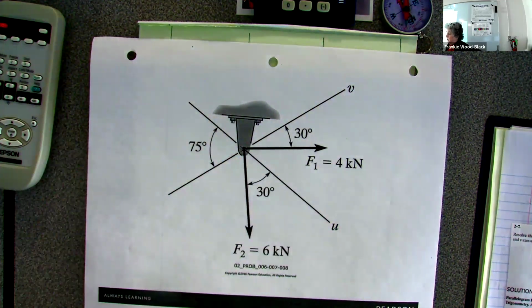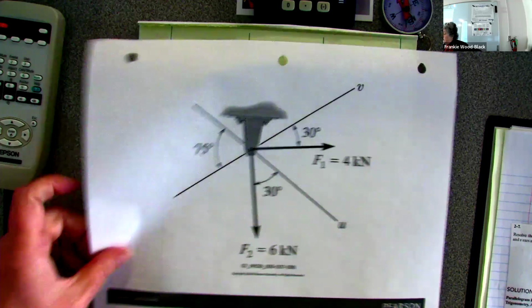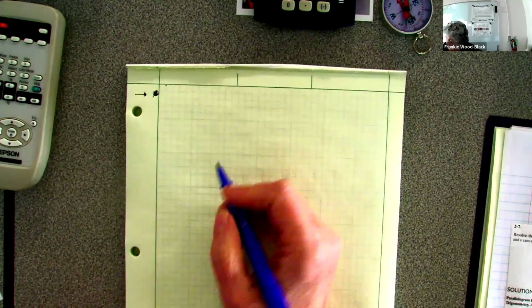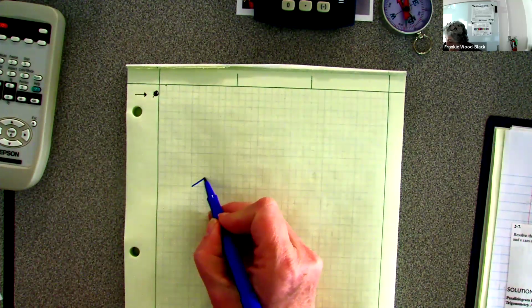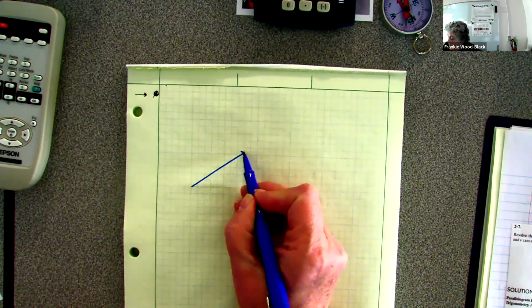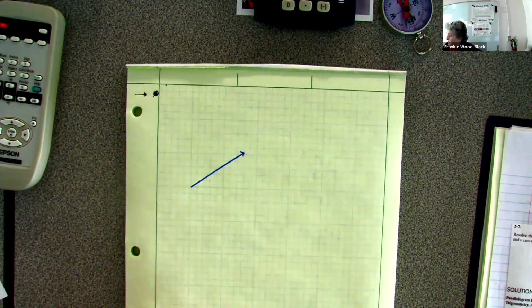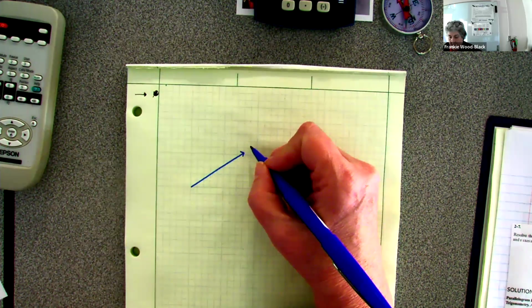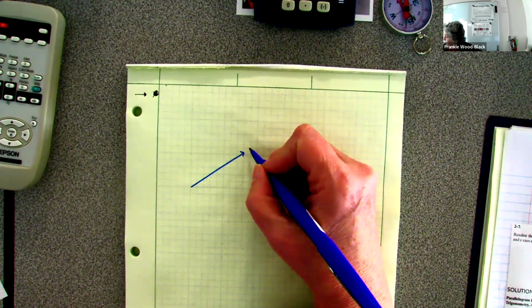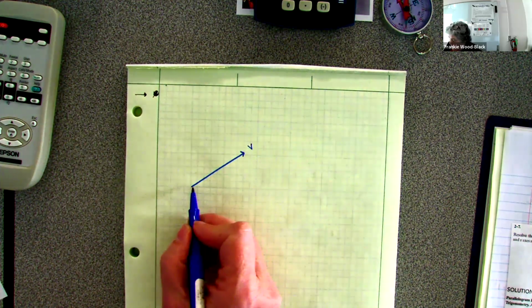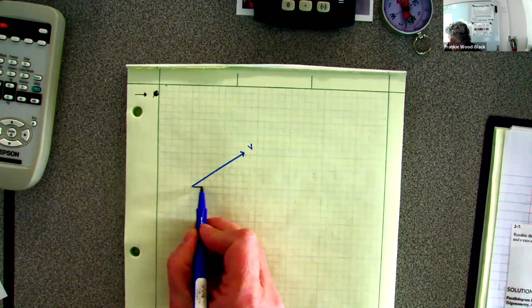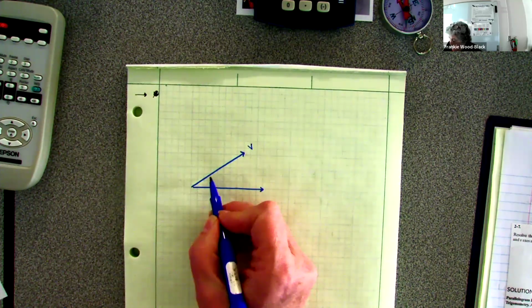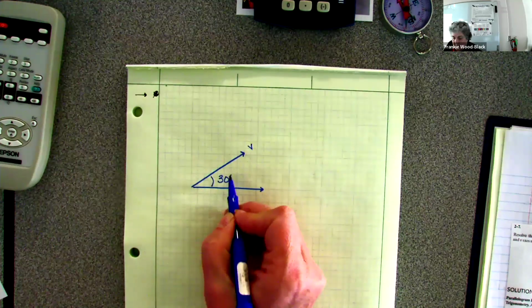So what you want to do, as we draw our vectors, I have this vector, which is on the V axis. And if I have this line out this way, this is 30 degrees.